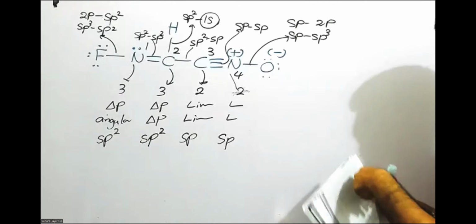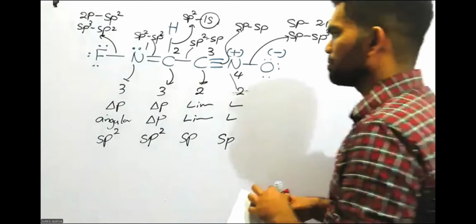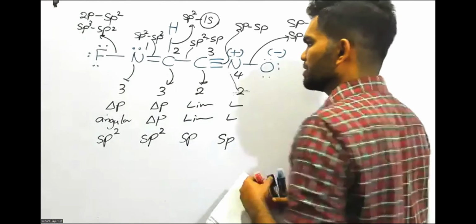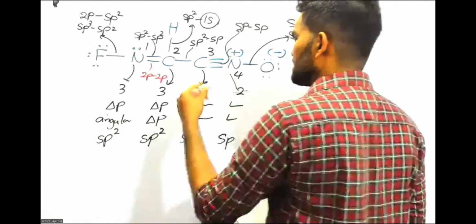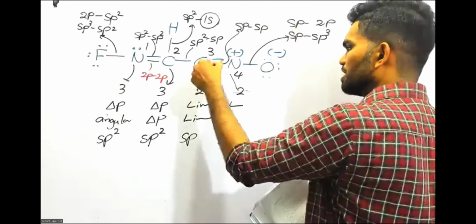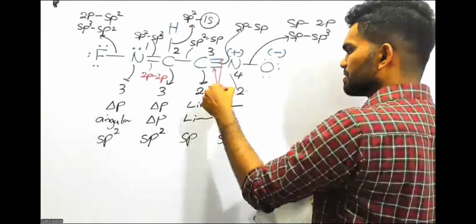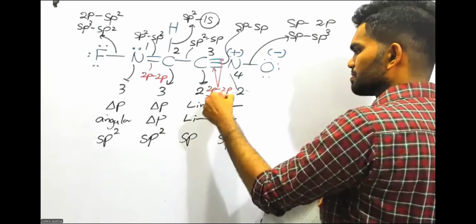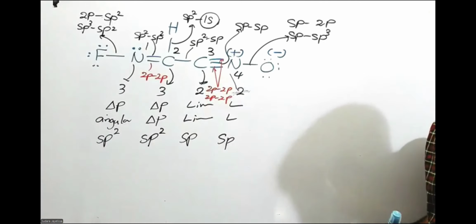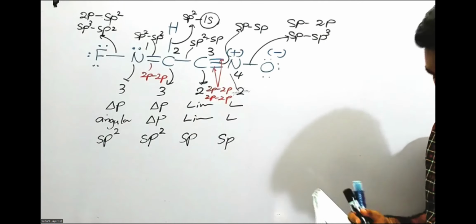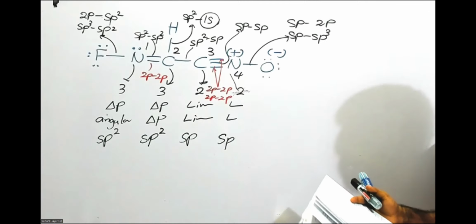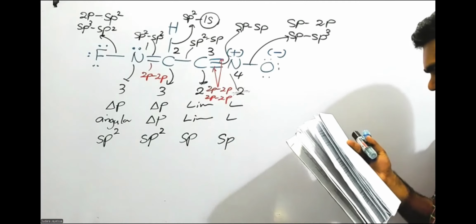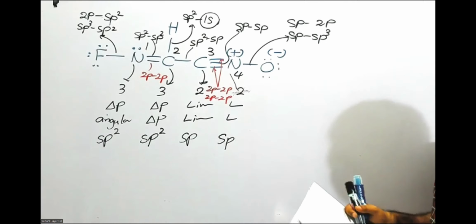All π bonds will be 2p, 2p, lateral overlapping. You have 2 π bonds, and they all will be 2p, 2p. Understand that?